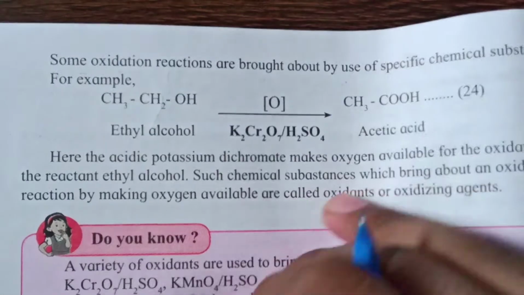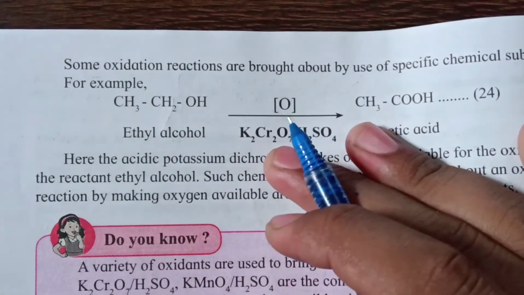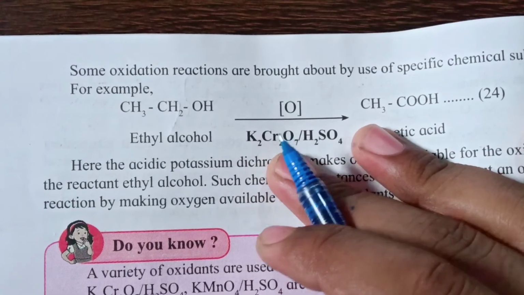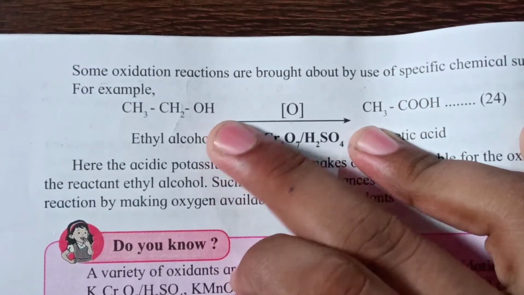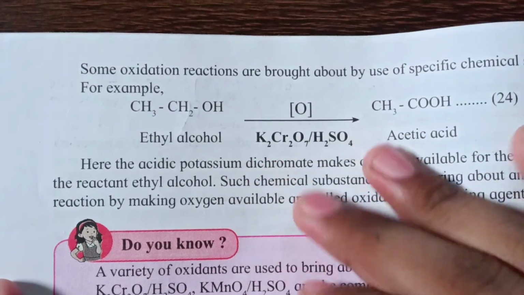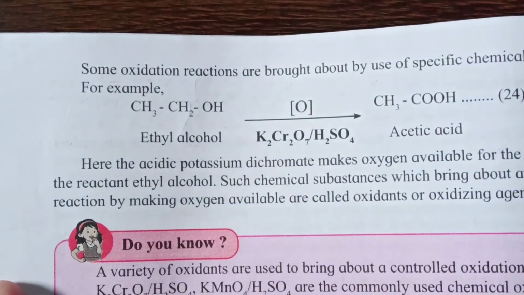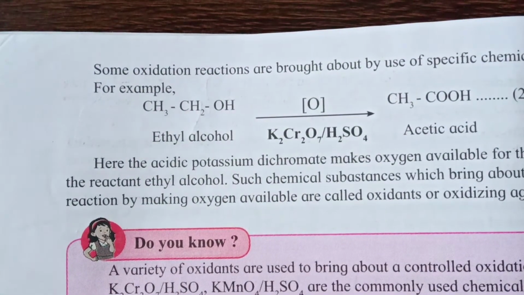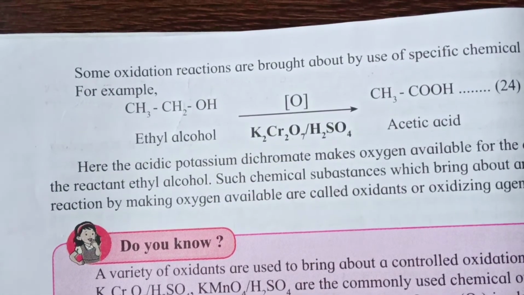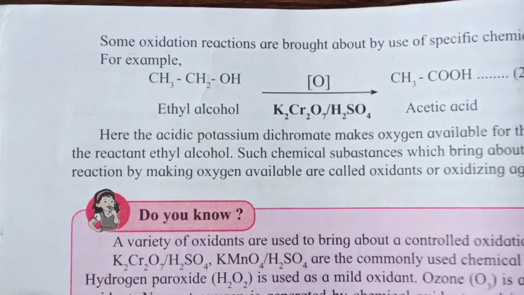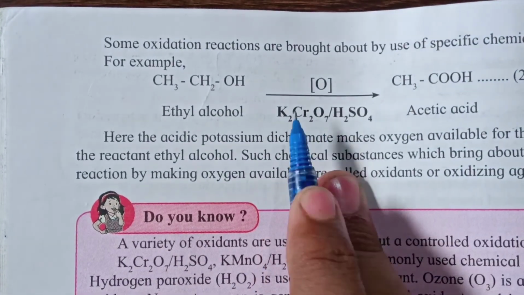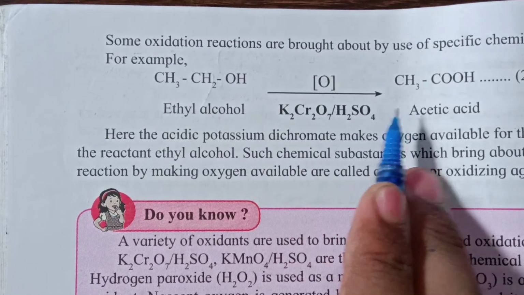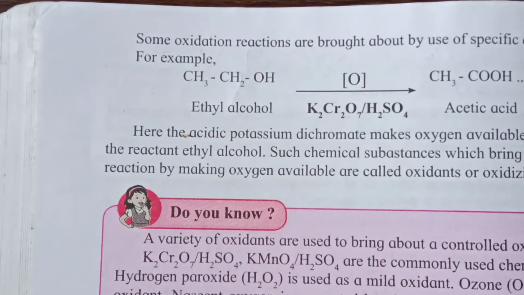But before moving on to reduction, some oxidation reactions are brought about by the use of specific chemical substances. For example, as you can see here, ethyl alcohol is there, and in between potassium dichromate and sulfuric acid are used. Both are different, and here nascent oxygen is also used to form acetic acid, which is CH3COOH.